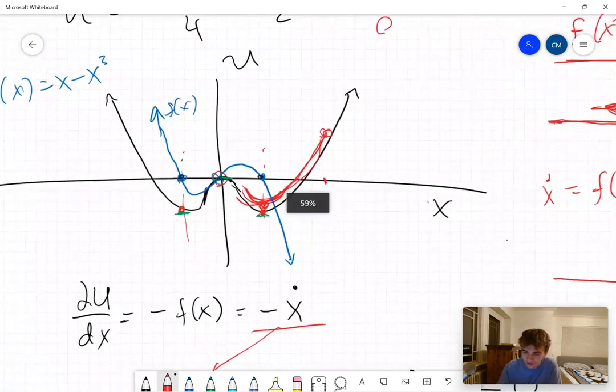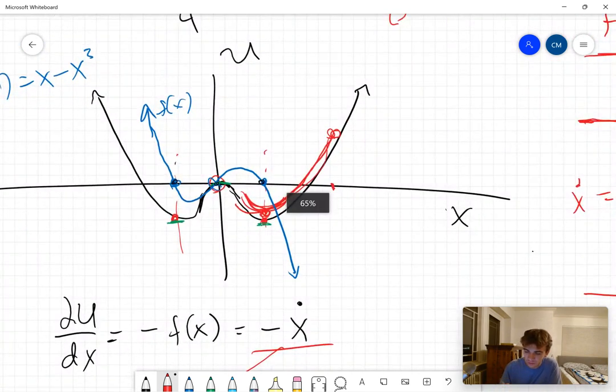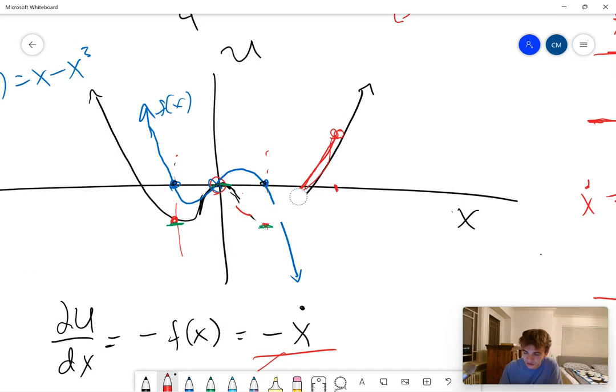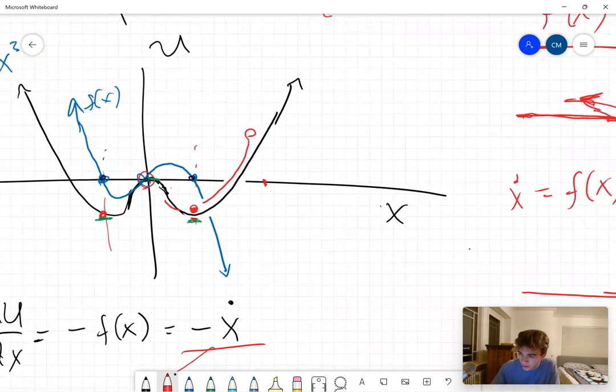So I just wanted to emphasize, do not make the mistake that this ball is oscillating along the potential well. It's just going to always descend down the potential and come to rest, asymptotically approaching the local minima of the potential function.